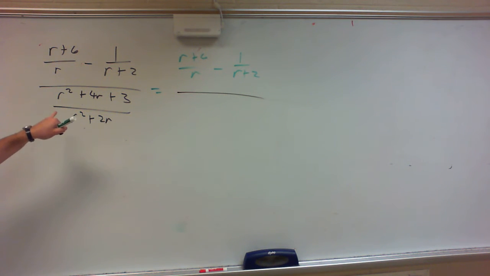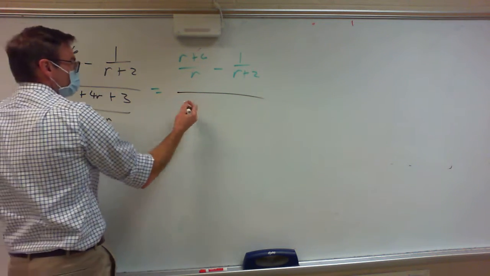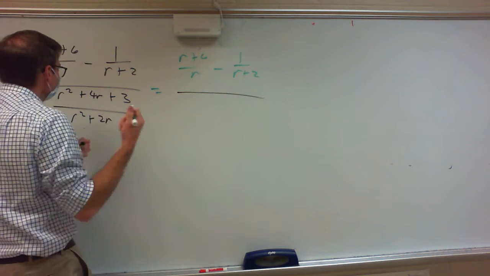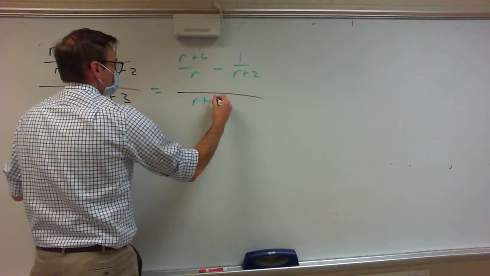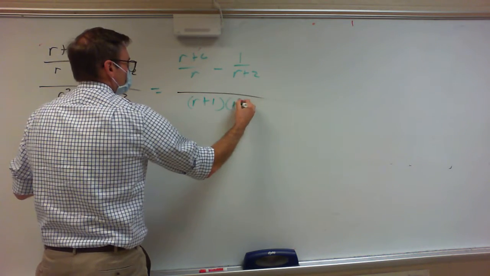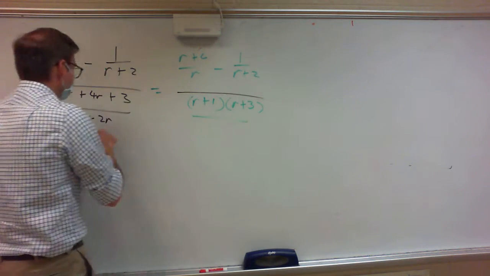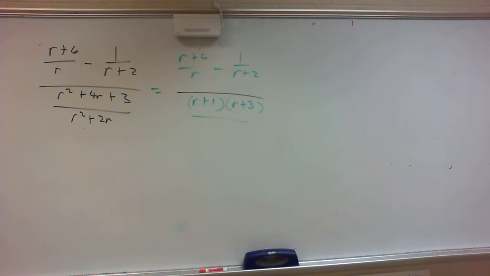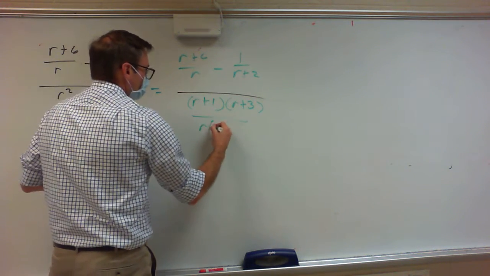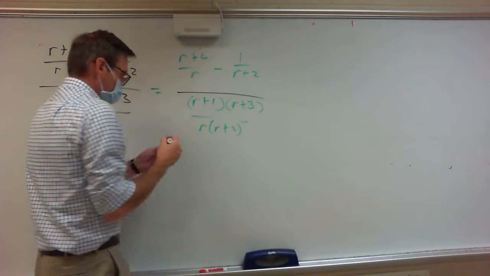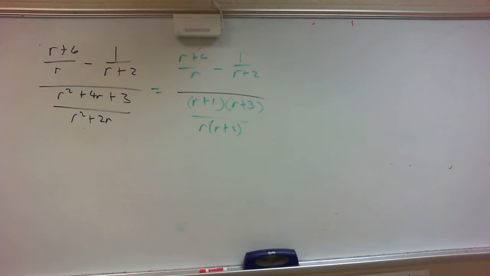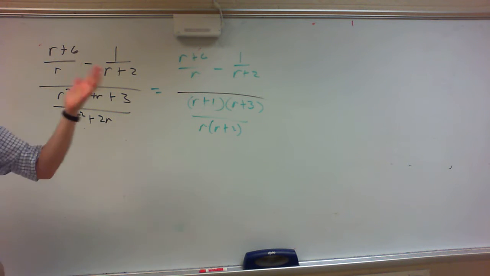Like this thing, that factors as r plus 1 times r plus 3. And what does the bottom factor as? Pull the r out. So we get r times r plus 2. Everybody okay with our first step? Okay. Factor. Now we had more to factor this time than the warm up, but same thing.